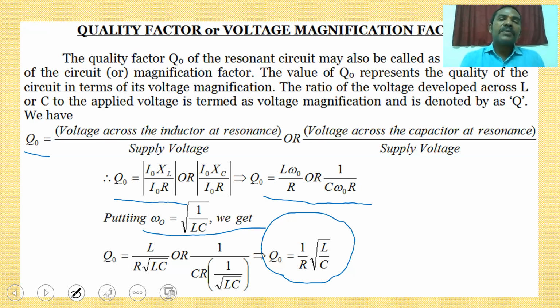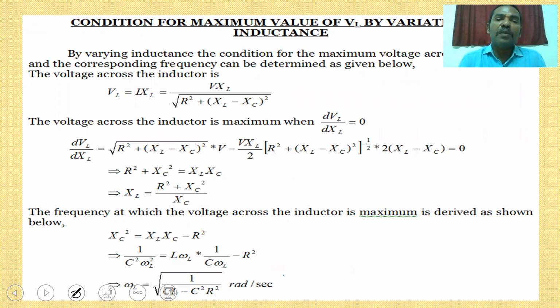Next, coming to the condition for the maximum value of voltage drop across the inductor by varying the inductance. Already you know that VL is equal to I into XL. For an RLC series circuit, the I value is V by root of R square plus (XL minus XC) whole square, into XL. Now for the maximum condition, we differentiate with respect to the variable XL and set it to 0.